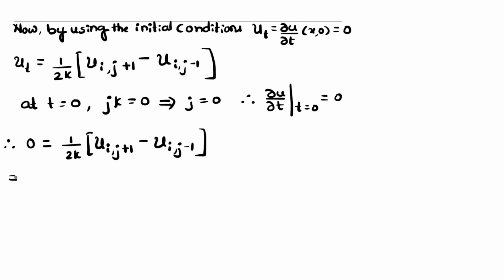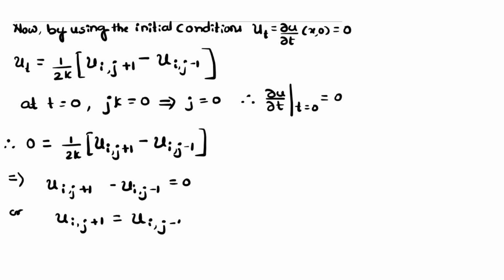What it implies? This means u(i, j+1) − u(i, j−1) equals 0, or you can say u(i, j+1) is equal to u(i, j−1).